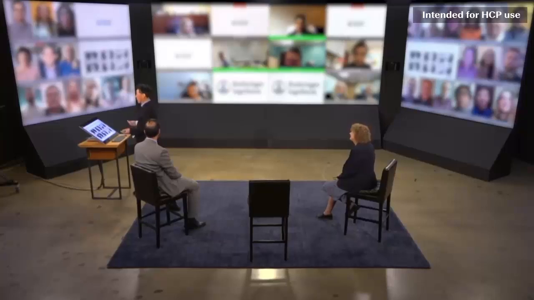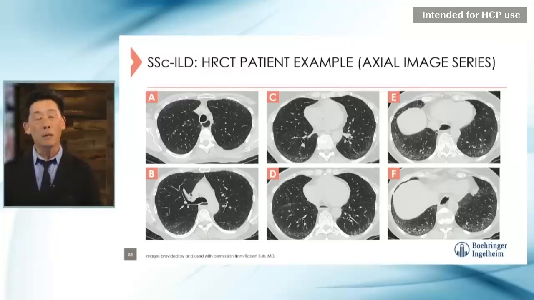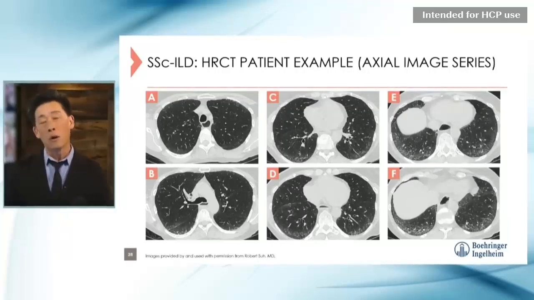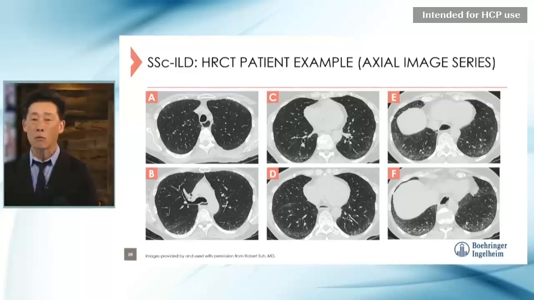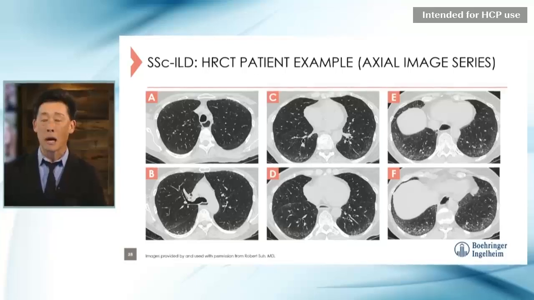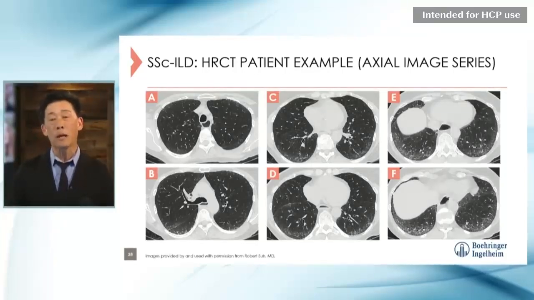So here, what we see is predominantly ground glass attenuation admixed with reticulation. We don't really see too much traction bronchiectasis or bronchiectasis, nor do we see any honeycombing. And the radiographic features with regards to the lobe are more dominant in the subpleural periphery and also down in the lower lung.